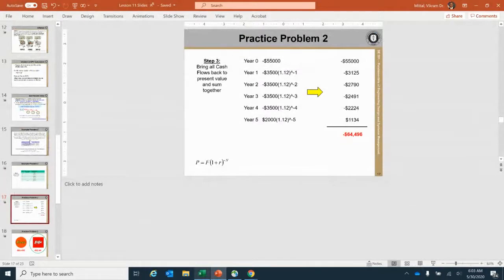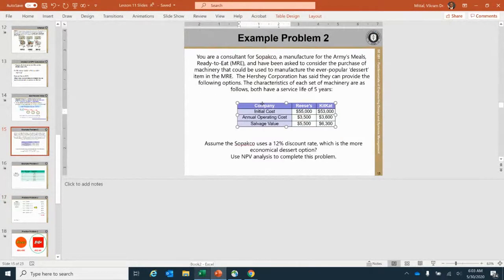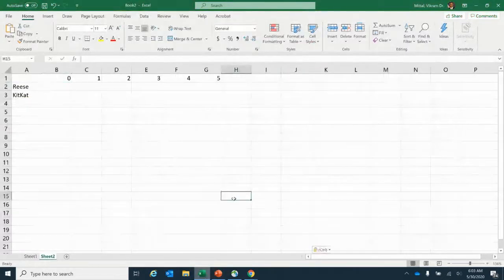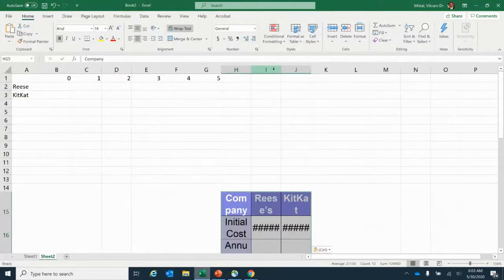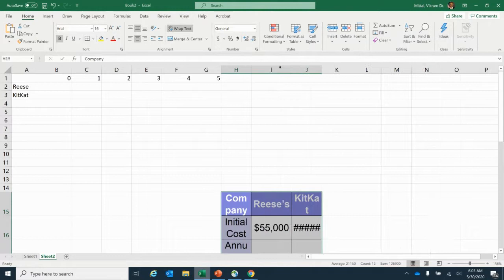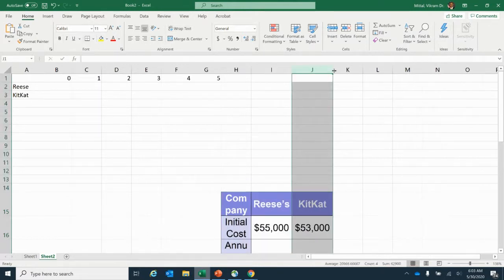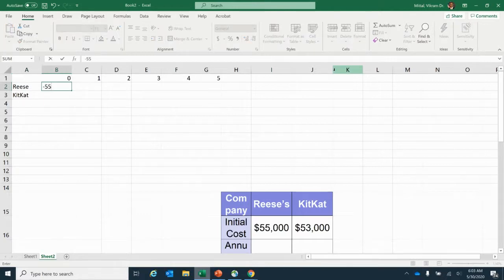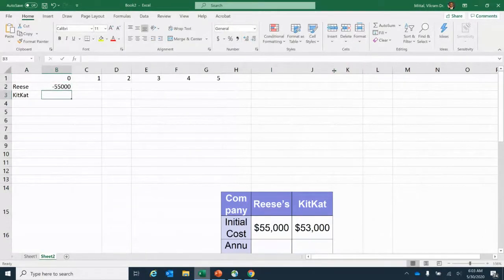Let's go back here and copy this chart over, just so I have the values handy. So Reese's has an initial cost of $55,000, Kit Kat negative $53,000.